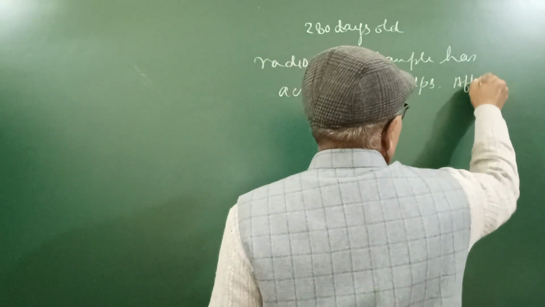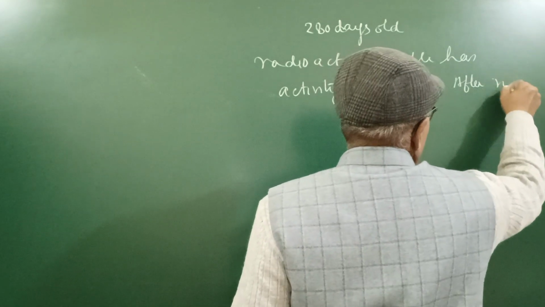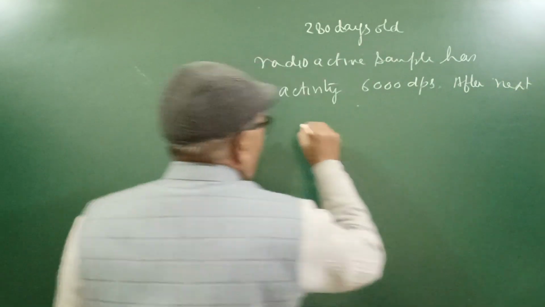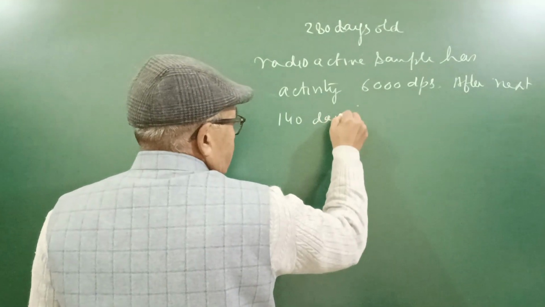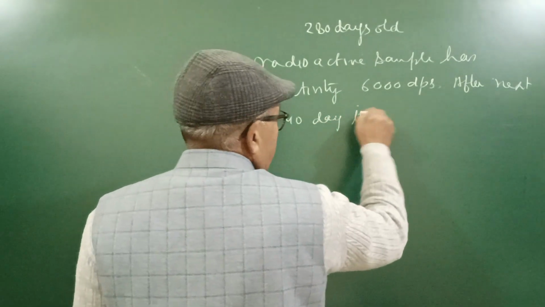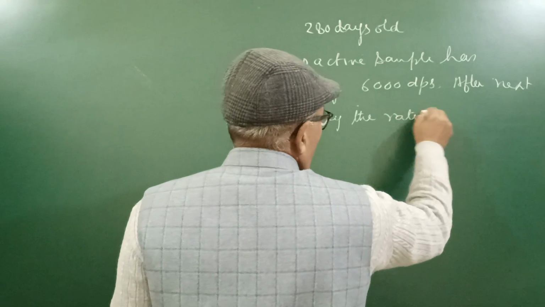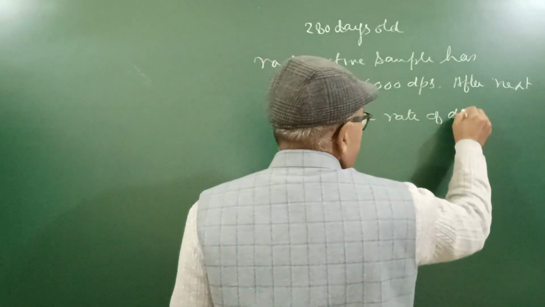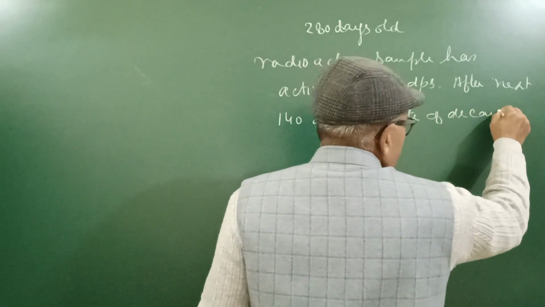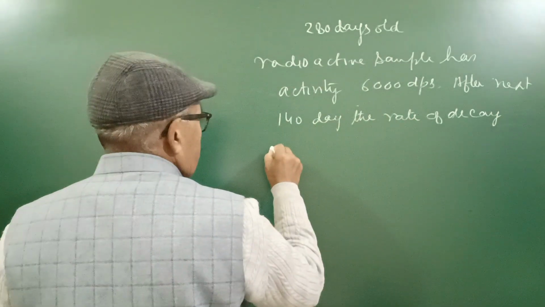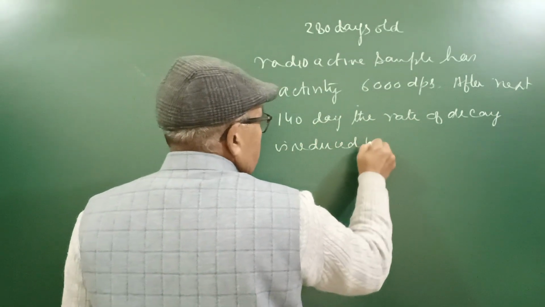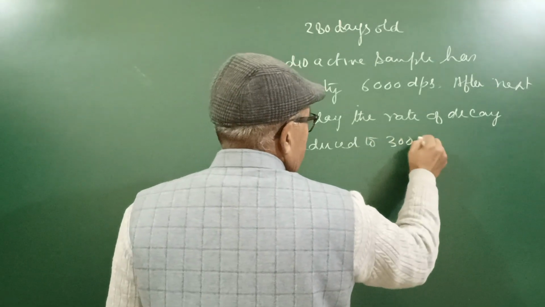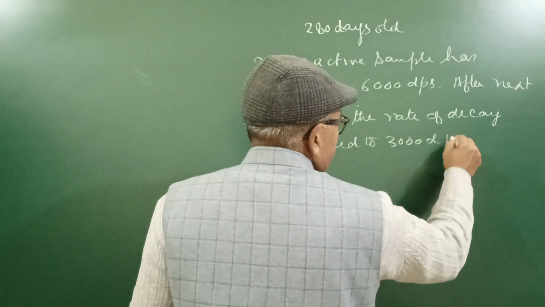After the next 140 days, the rate of decay is reduced to 3000 decay per second.